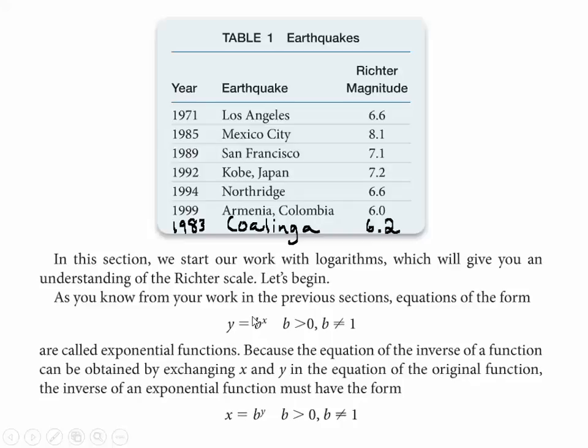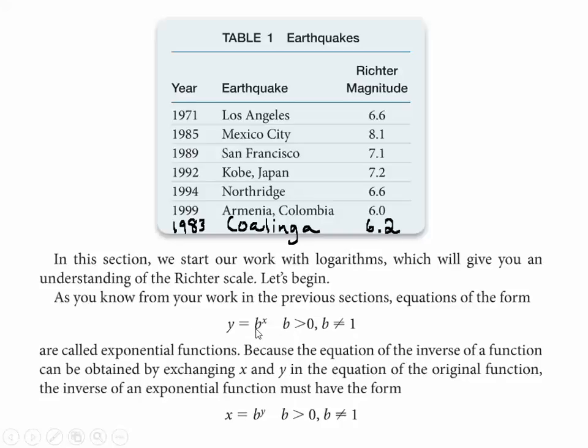But you cannot have negative numbers in here. Next is that b also can't be equal to 1. That's the other condition. So this b value has to be positive and not equal to 1. Just real quick, if it is equal to 1, what's happening? It's just a regular line. That's why. It's not an exponential equation. That's the problem.